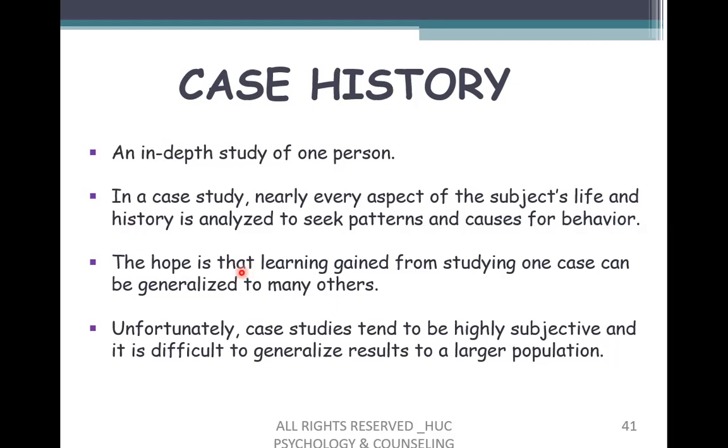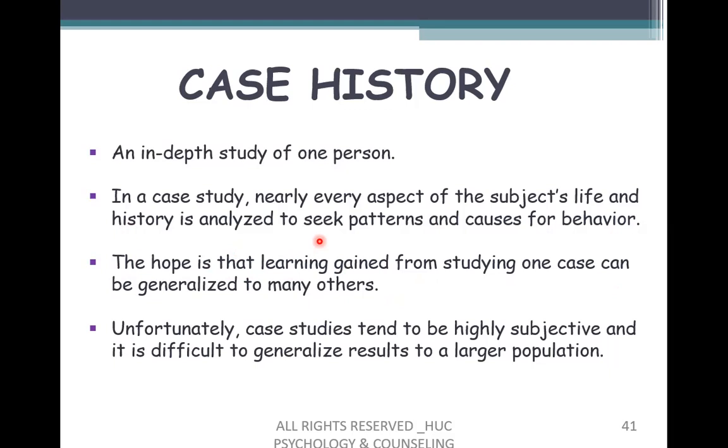The hope is that learning gained from studying one case can be generalized to many others. For example, if you take a classroom of grade 10 or grade 11 students of similar age, we do a case study on one student.